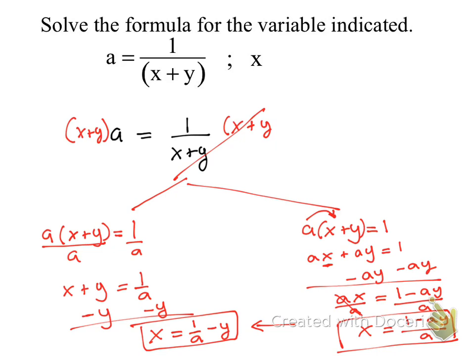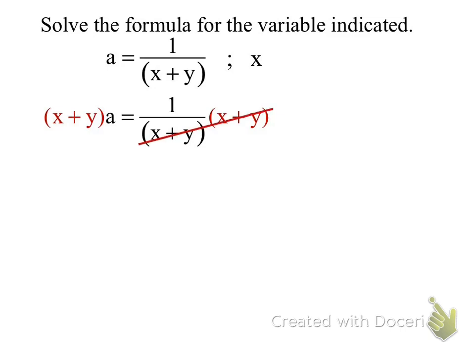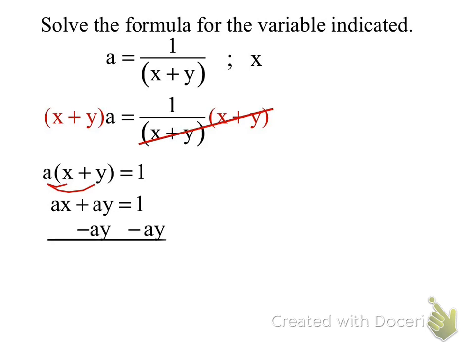Do you understand? Let me go back through that one more time. One method, we always multiply whatever's in the denominator out. Get it out. Multiply the entire quantity. And then method number 1 is distribute. Then subtract ay. Now divide by a. Okay?